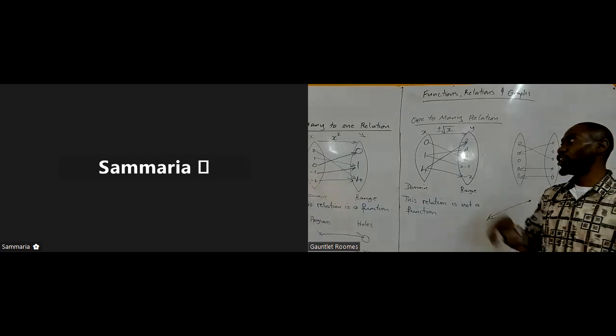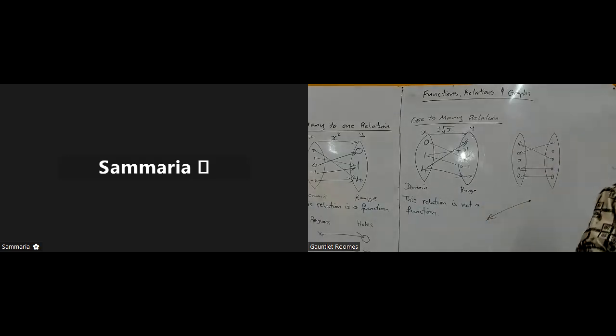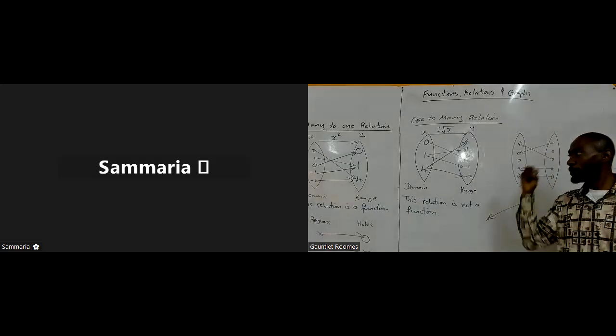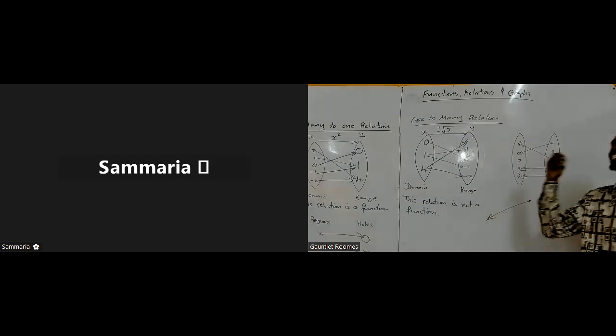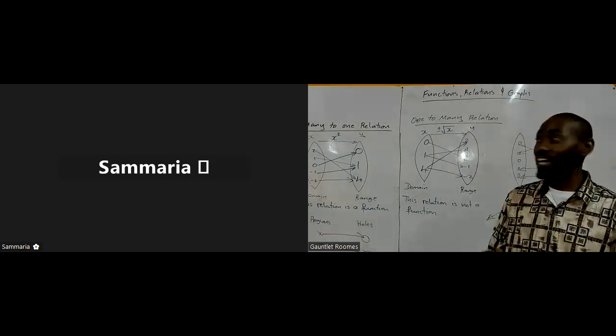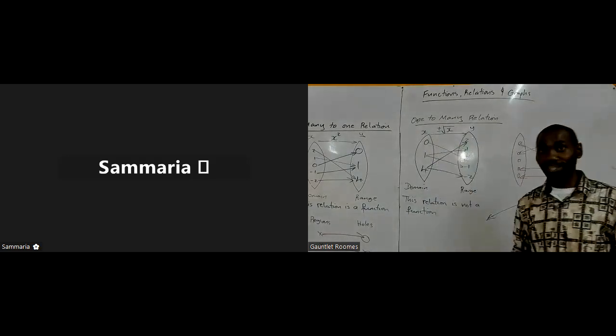And that is why your domain is always referred to as your independent variable, because it is always given, it's always known. It depends on nothing. But Y always depends on X every time.